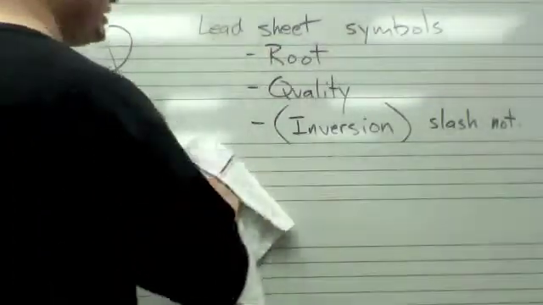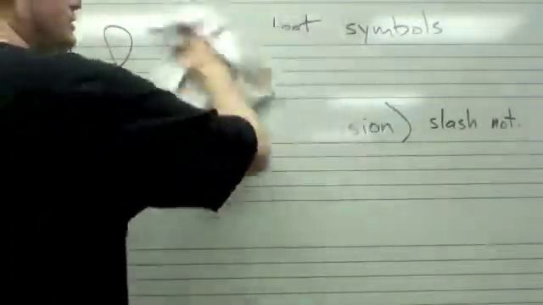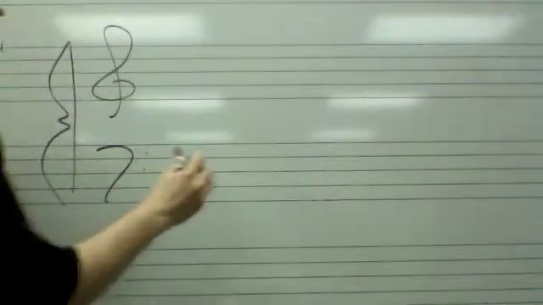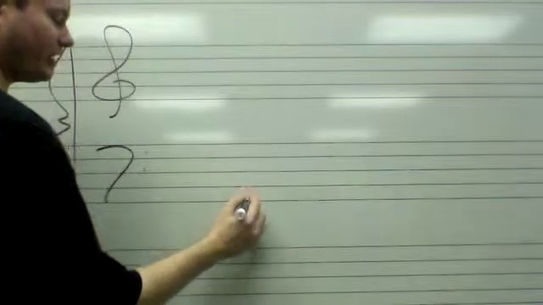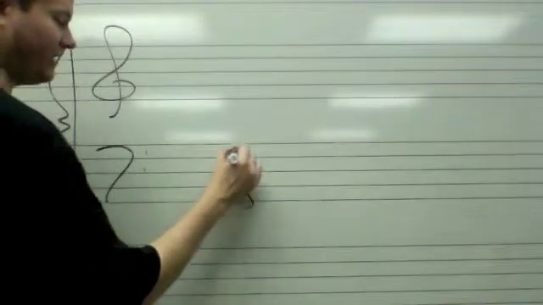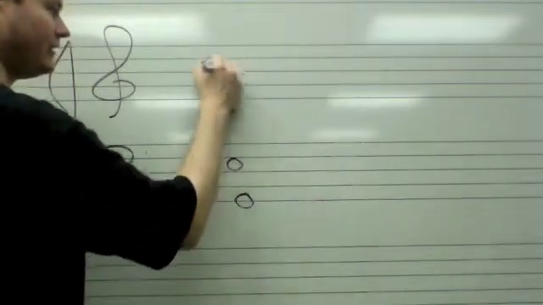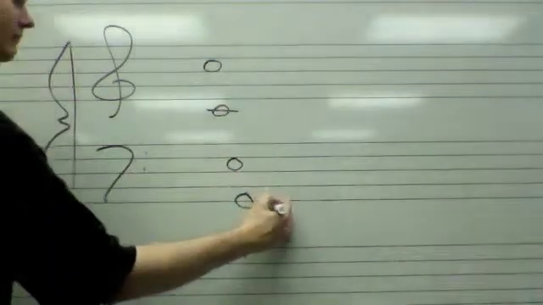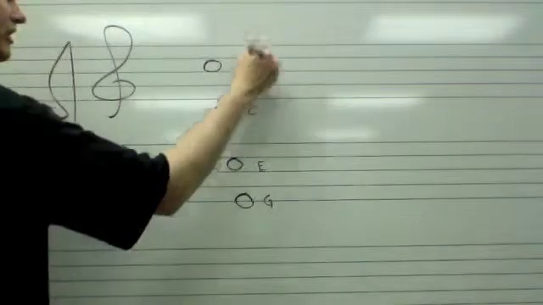So let's figure out some lead sheet symbols of some chords. I'll do one that we can spell and recognize hopefully easily. This one. There's a G, an E, and two C's.